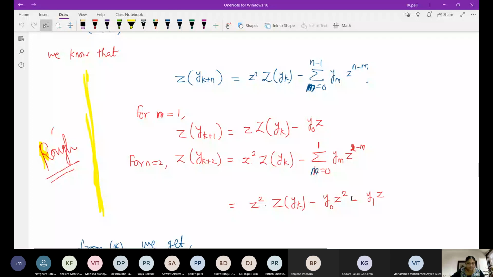Is it right? This is Z transform of y(k+2). Yesterday we have seen this, so this we will use.